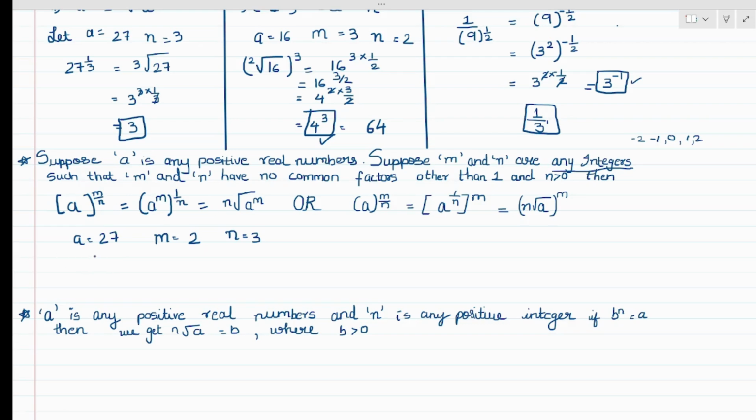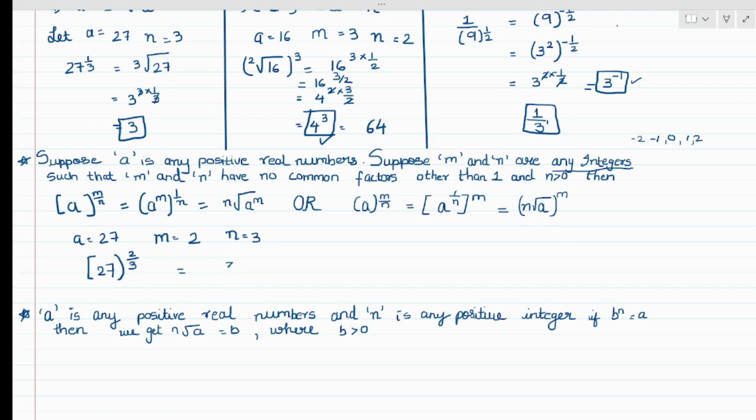Now substitute the values. 27 raised to, what is my m? It's 2. What is my n? It's 3. So I got my value 27 raised to 2 by 3. Now what is 27? How can I write 27? 27 is the cube of 3. 3 times 3 times 3 gives me 27.